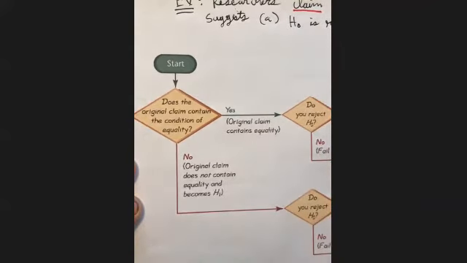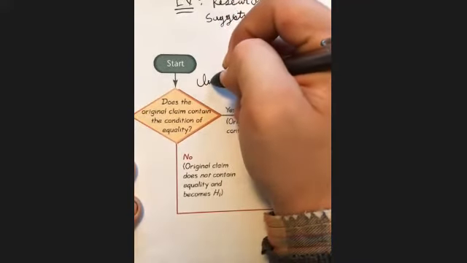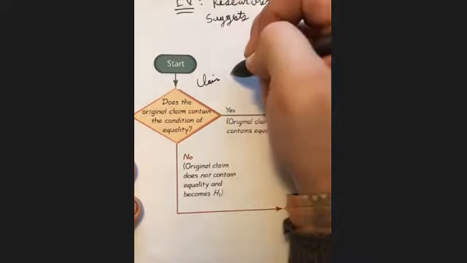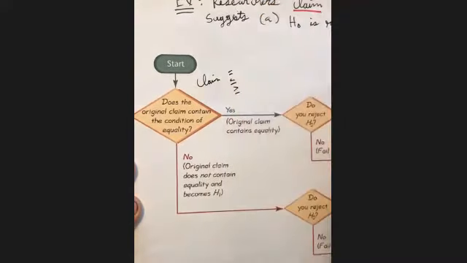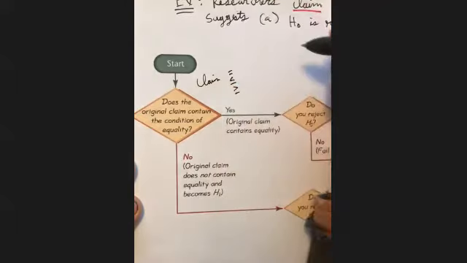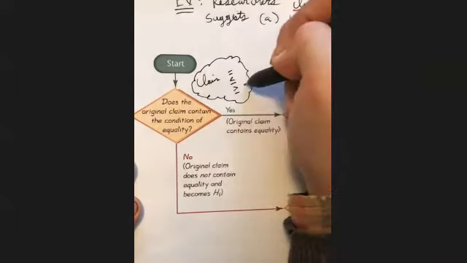What do they mean by that? They mean, does the claim have an equal sign, or a less than or equal to, or a greater than or equal to? That's what they mean by condition of equality.